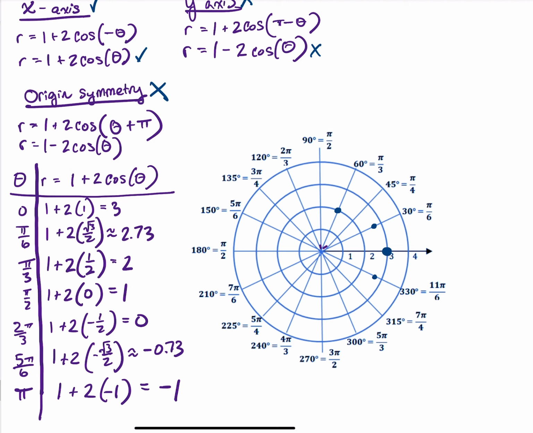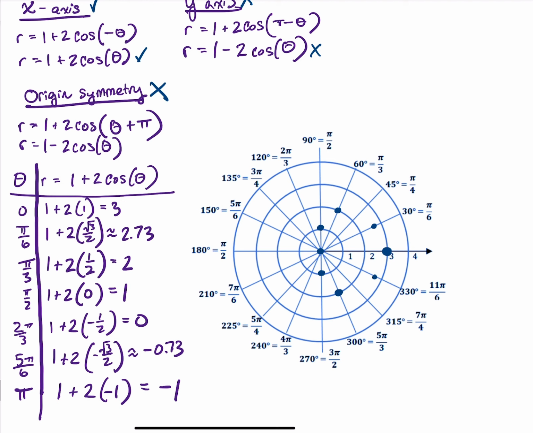Oops. Should actually be down here. Then pi over 2, 1. So a point here, another point down here. Then 2 pi over 3, 0. So we get the 0 point.